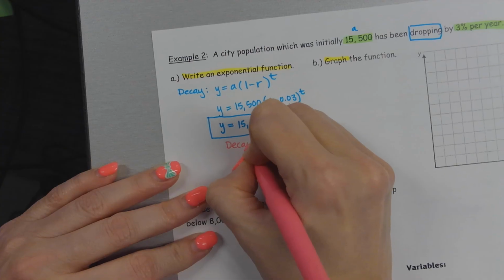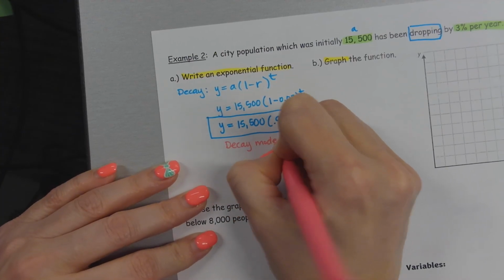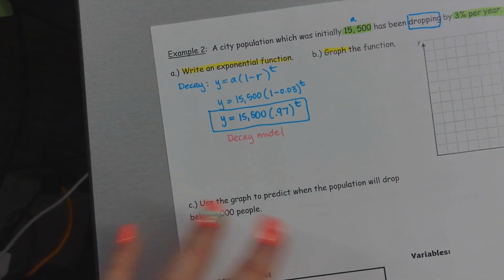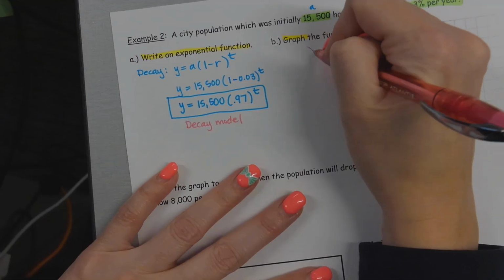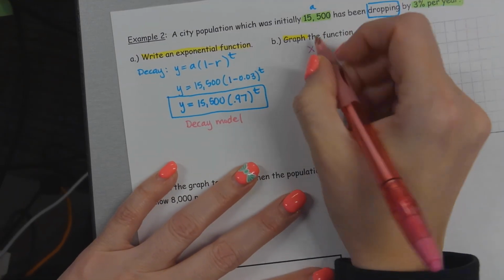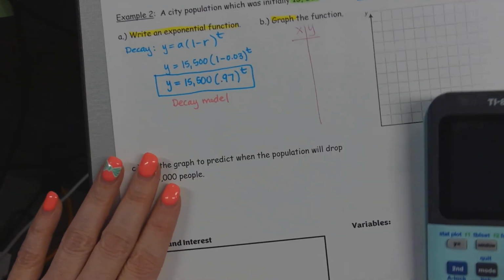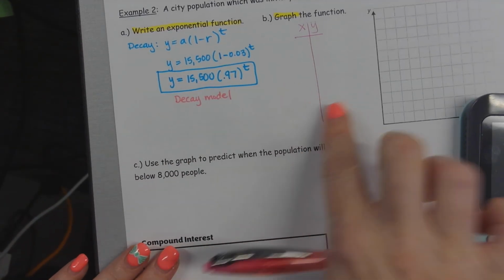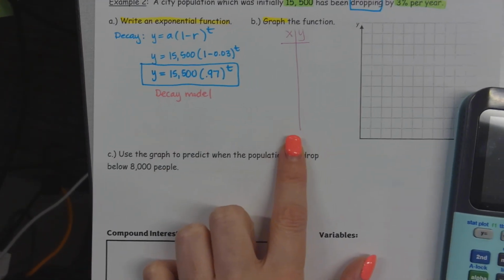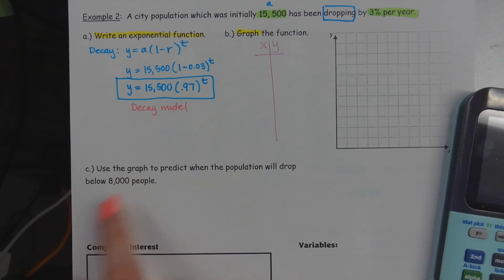Now we're going to graph the function. Okay, so whenever you graph the function, I just want 5 points on your XY table. Okay, and then this is set up as parts A, B, and C. When you have to graph a function, if there is another part, I would look at that to determine what you want to go out to.